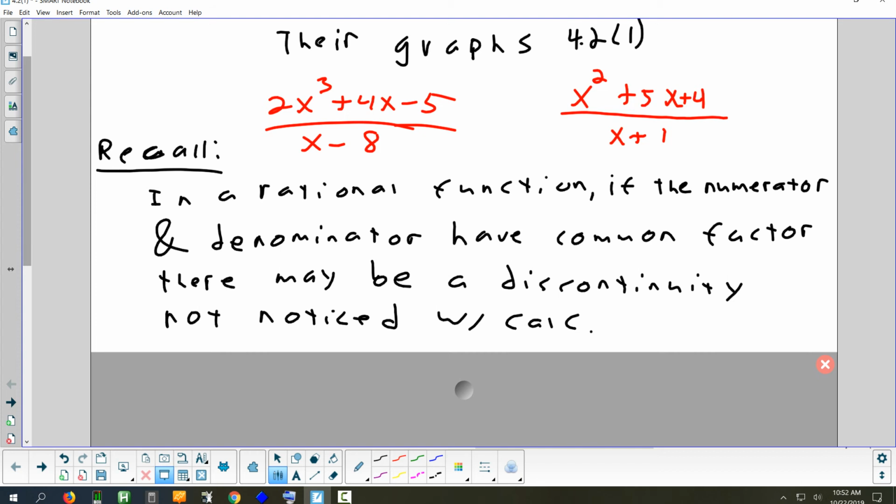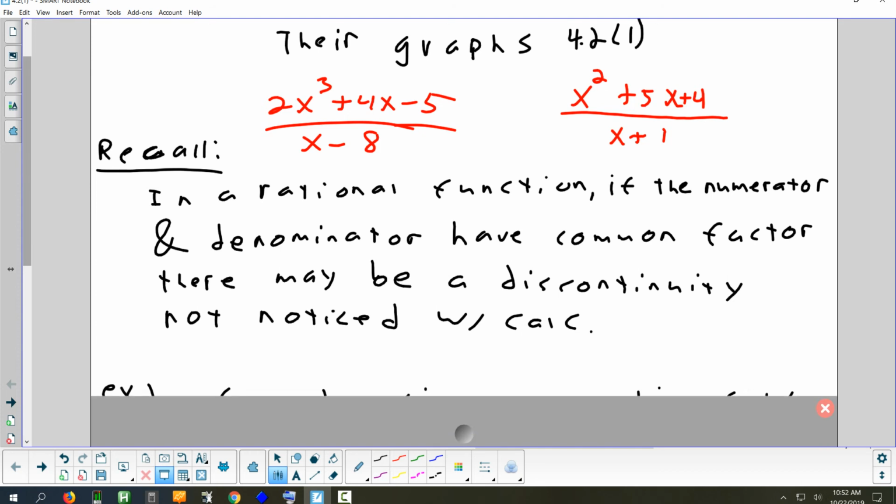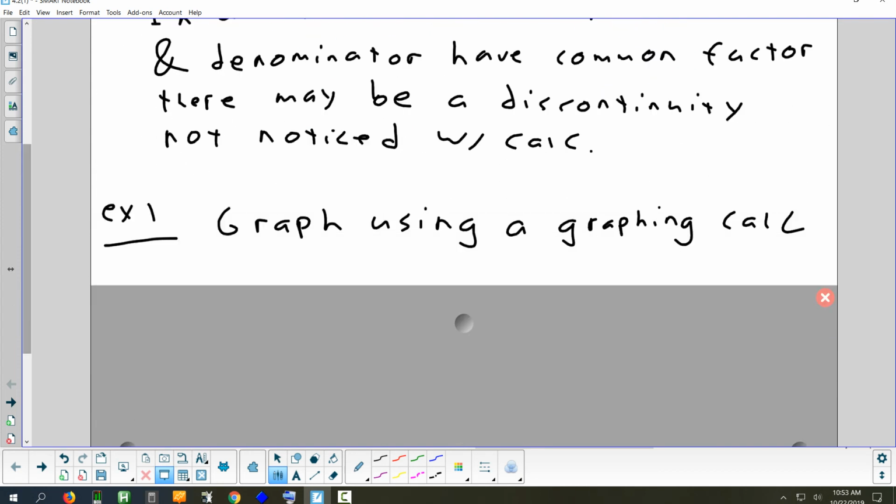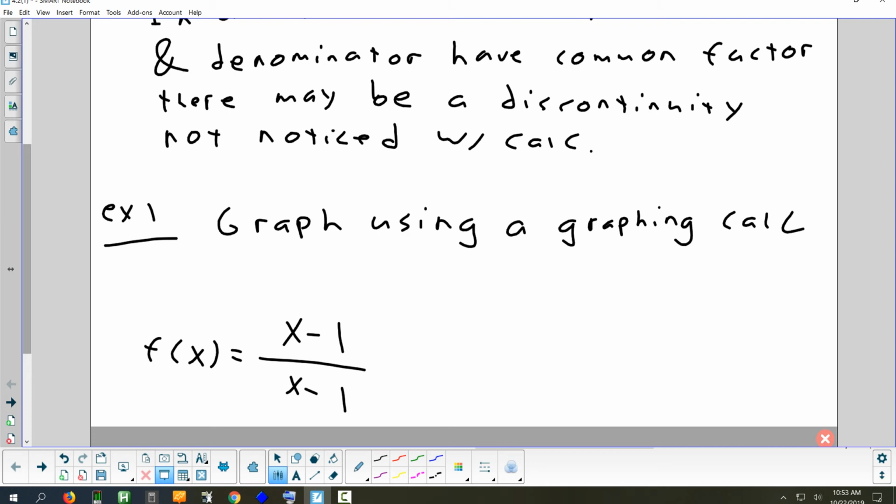And because the numerator has the same factor in it as the denominator, you would get a hole in the graph. Okay, so keep that in mind. All right. Let's take a look at this one.